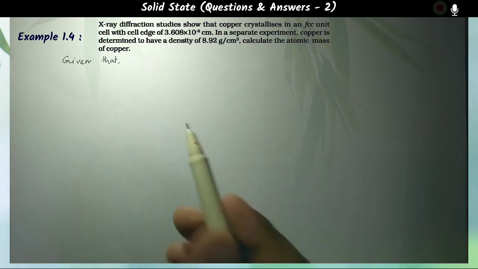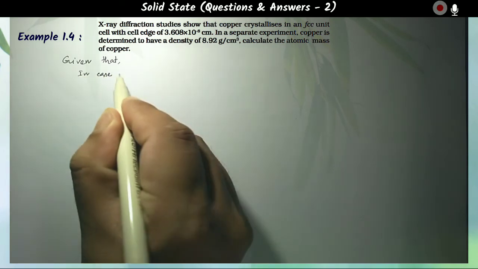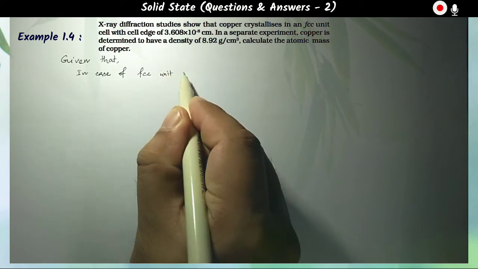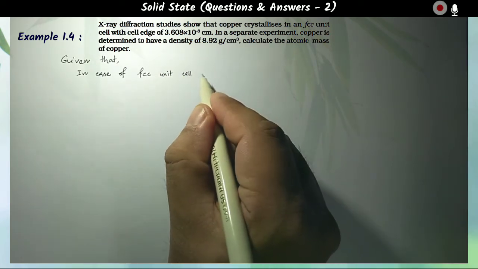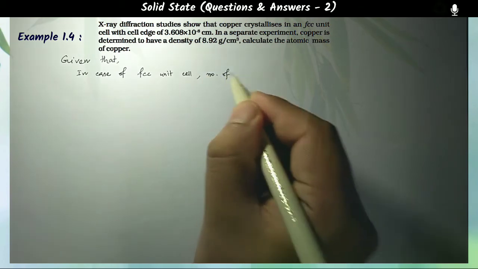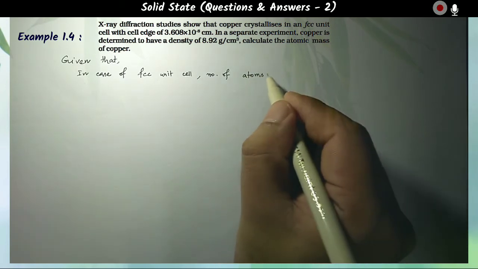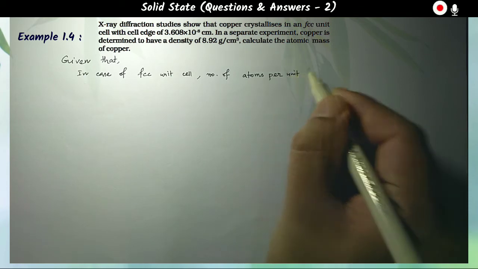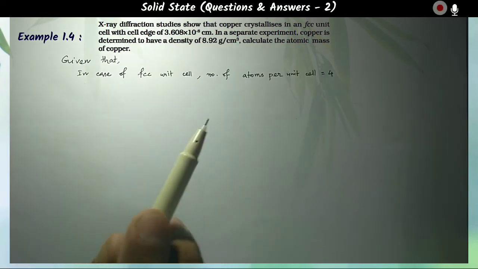So we know that in case of FCC unit cell, the number of atoms per unit cell, that means in one unit cell, is equal to 4. So this is the first given thing.